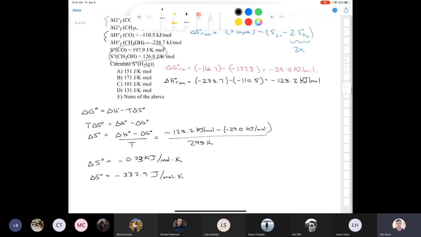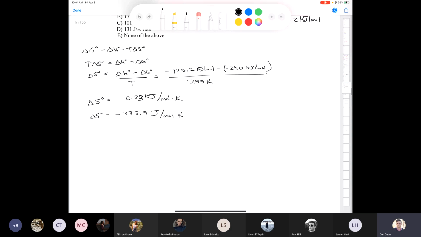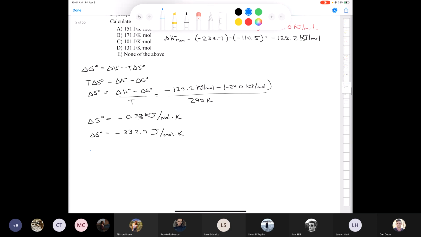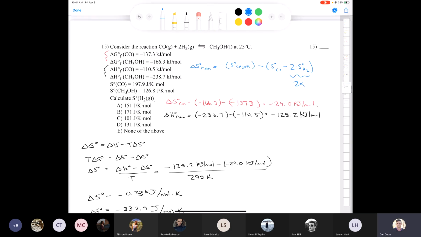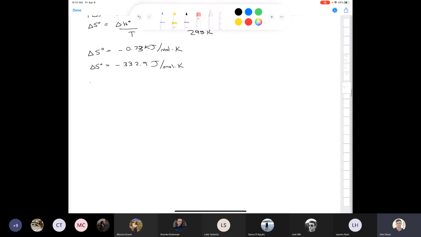So now I can plug in some numbers here, because I'm given my S naught values. I have this formula right here. I'm going to copy it, and paste it down here for instructional purposes only.